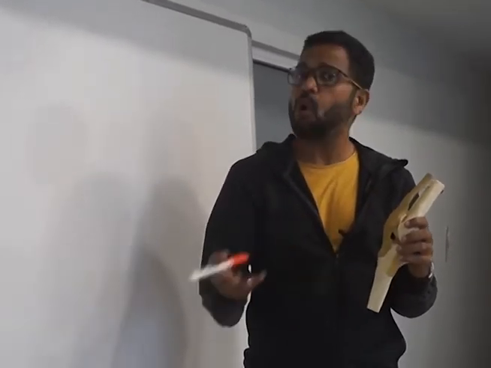The most common choices are either the bone patellar tendon bone, which is a ligament in the front of the knee, extending from the kneecap or patella down to the tibia or leg bone. So we take the central portion of this tendon. The other option, which is in fact more commonly used, is the hamstring tendons.